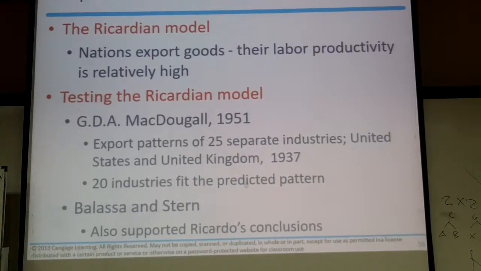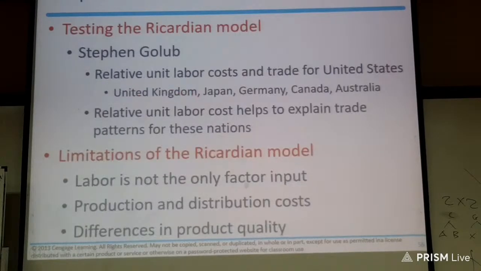Balassa and Stern also supported the Ricardian model. Balassa, I don't want to add to your load, but Balassa has a nice theory: stages of comparative advantage. Stages, a ladder, tangga. A country starts with a comparative advantage in labor-intensive industry, moves to less labor, moves to capital, moves to high-tech. That's a ladder, tangga. That's Balassa. You're not responsible for it; I'm just adding it for your knowledge.